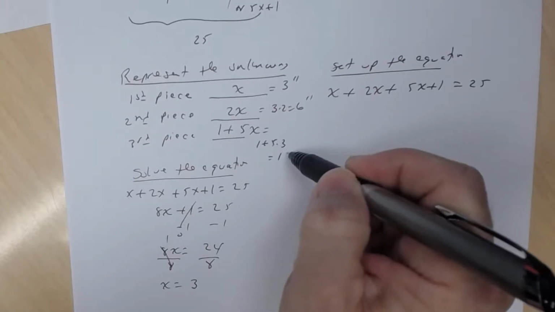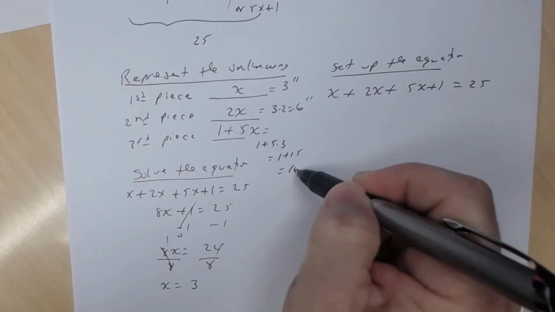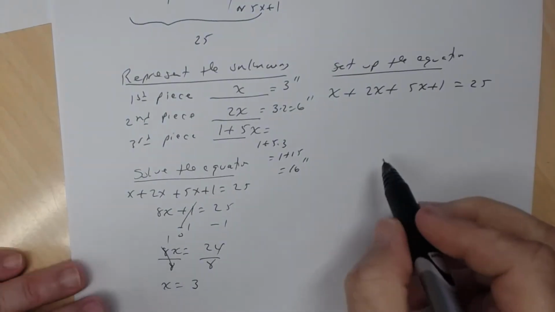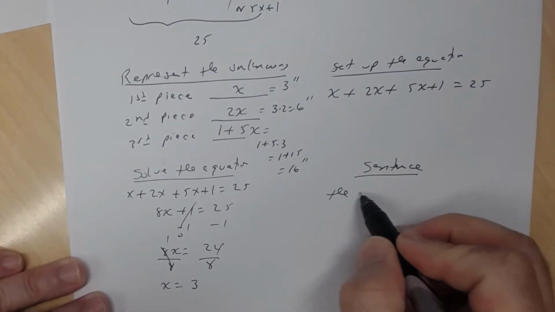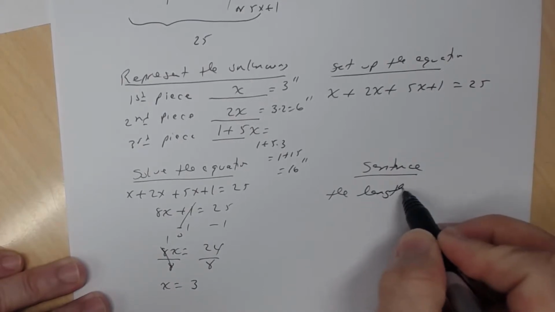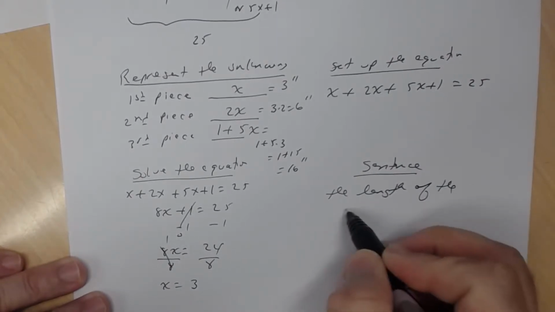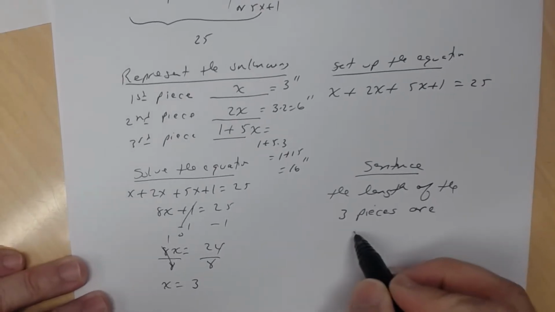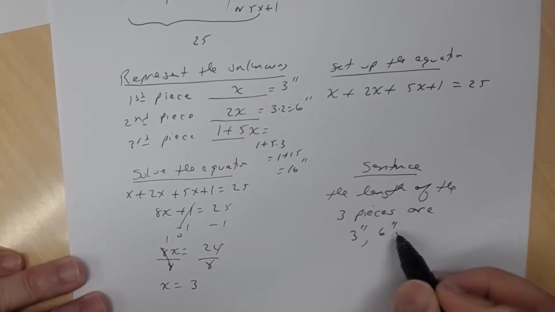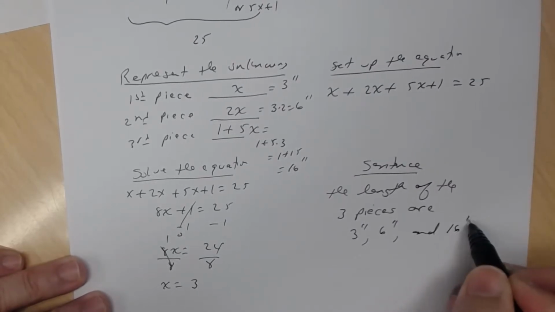So that's 1 plus 15, which is 16 inches. And so your sentence, you're going to say the length of the three pieces are 3 inches, 6 inches, and 16 inches.